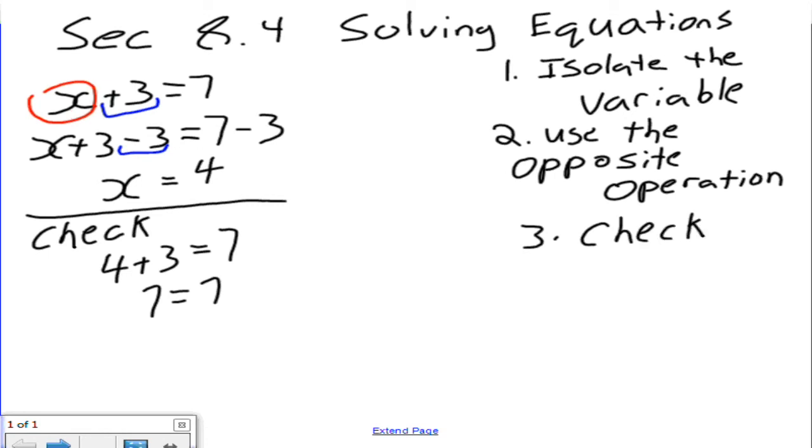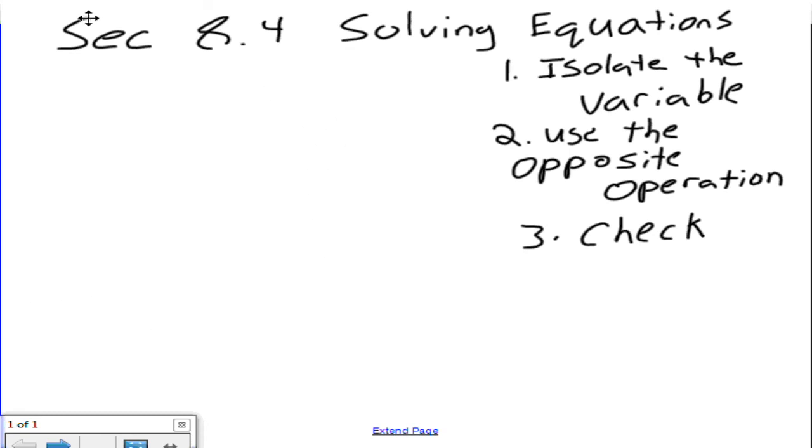Okay. We're going to look at something a little more complicated now. 2x plus 4 equals 20.